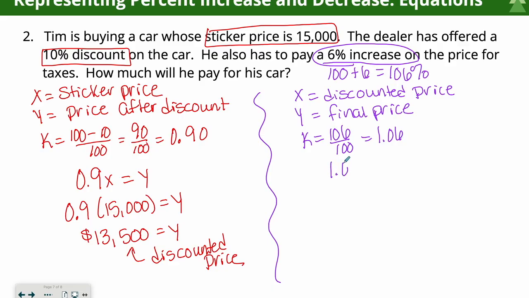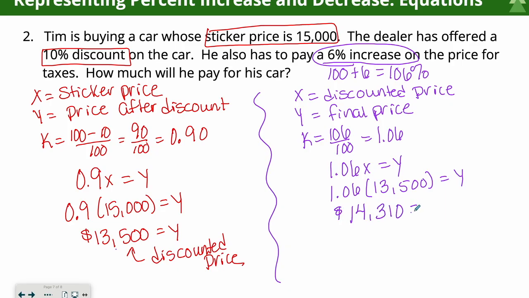The equation is 1 6/100 x equals y. What do we know? Well, we know the discounted price, which is now my x value. We are going to multiply 1 6/100 times 13,500, and we end up with $14,310. And that is the final price.